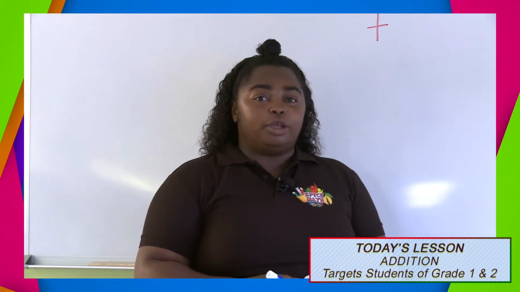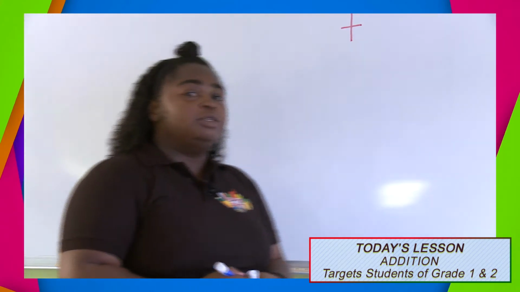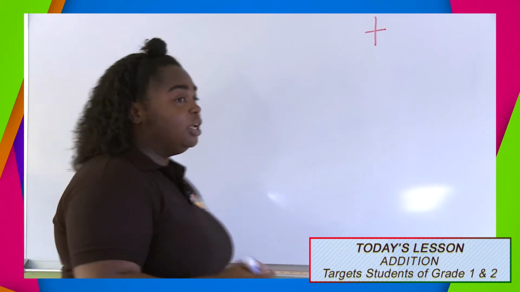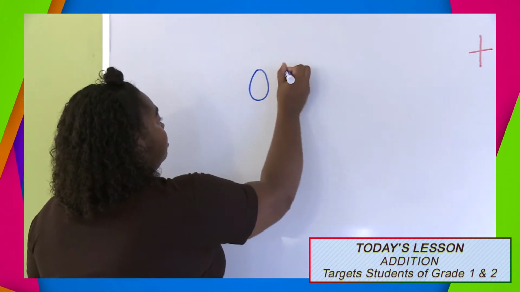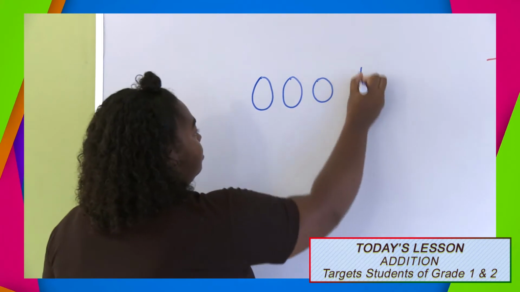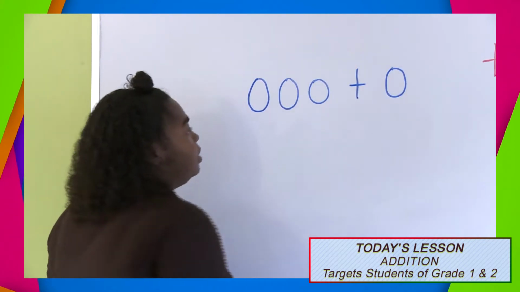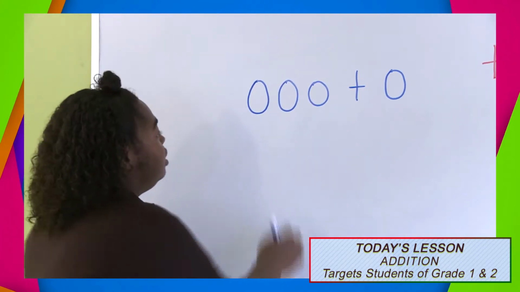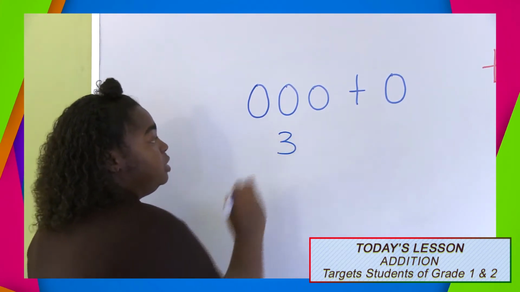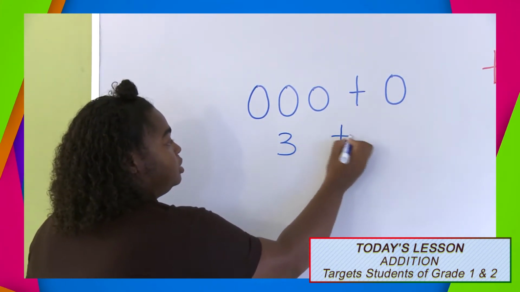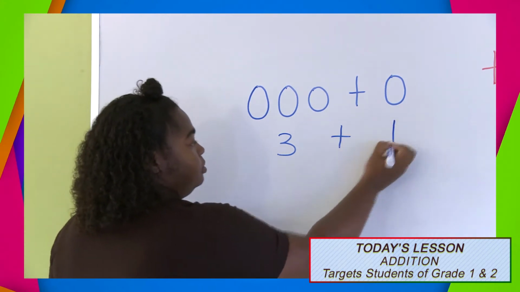For my students in grade 1, most times you would get your equation like this. You would have, say, you would see this. You have 1, 2, 3, which means 3 plus 1.